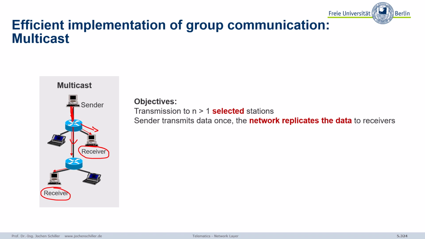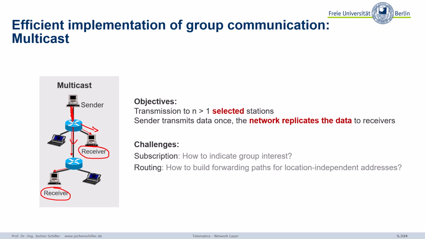So the network replicates the data, more specifically the routers do this. So that's the most efficient way, that you send your data only exactly to the receivers that need the data, and you don't send it twice or 3 times, etc. Imagine a concert with 1 million viewers worldwide. You would have to generate 1 million traffic streams if you do it in a very simple and stupid way.